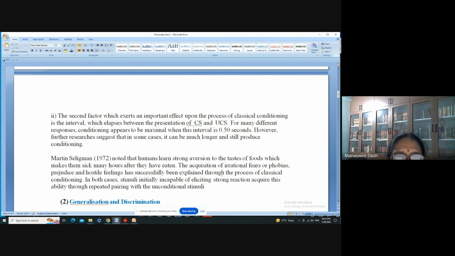And Martin Seligman noted that humans learn strong aversion to the tastes of foods, which makes them sick many hours after they have eaten. Suppose I eat bora from a particular shop. Now I eat, and tomorrow I feel that my stomach is upset. Okay, or I am suffering from diarrhea.